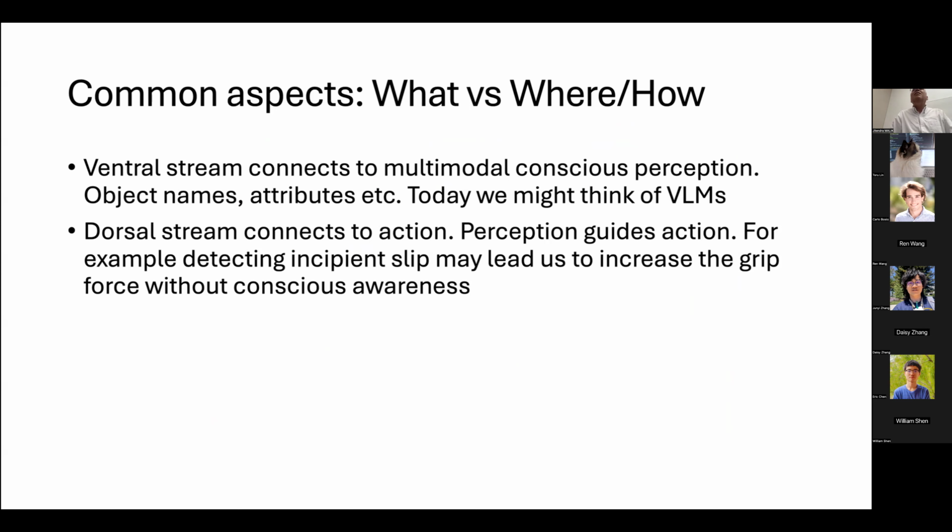So conscious perception obviously plays a role in guiding actions at a higher level, just may not be doing so at the very fast control loop at 10 hertz or 100 hertz. And not enough is known from the neuroscience about these higher layers.